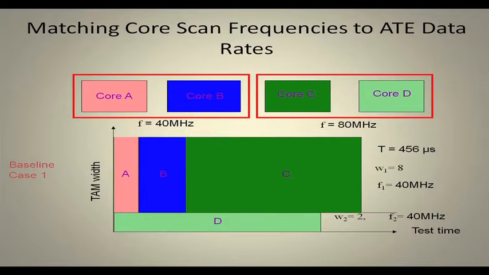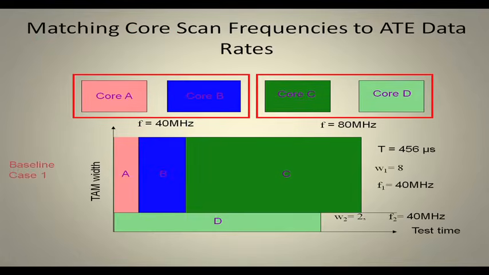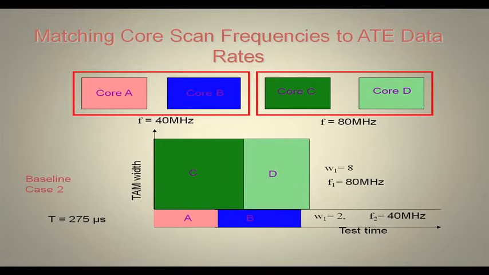But here I am putting W1 equal to 8, so C and D are put on faster channels, and A and B are put on the slower channel. Previously, C and D were very big rectangles. Putting them on the faster channel can reduce the test time. So, the test time reduces and the overall test time becomes 275 microsecond.